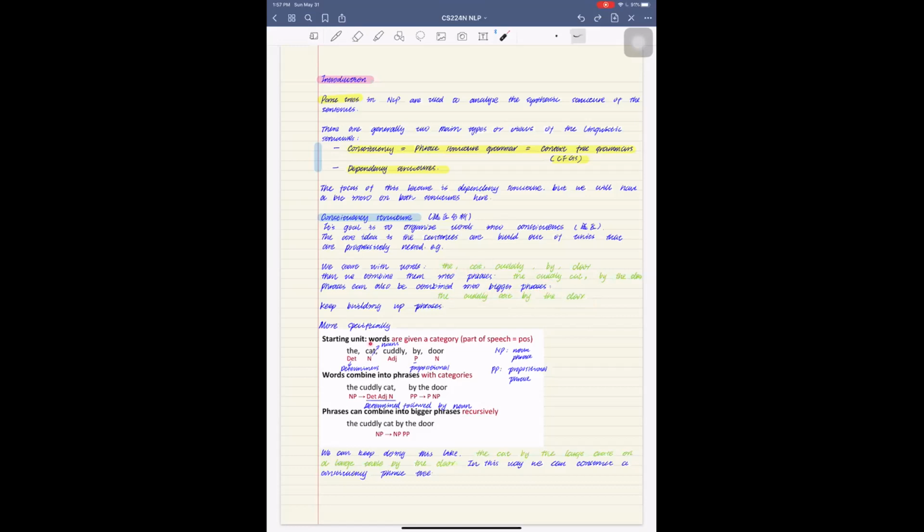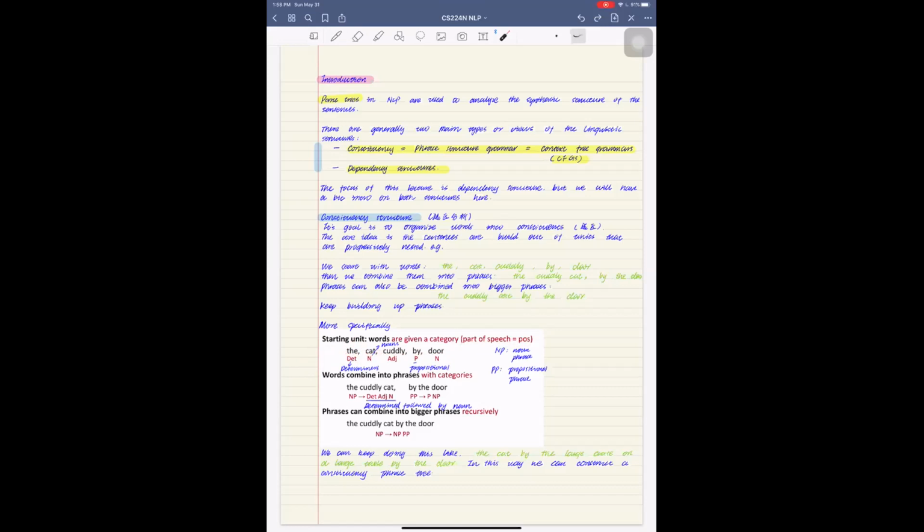Specifically, we start from the words. Each word has its own role to play, which is called the part-of-speech tag. Suppose we have the, cat, cuddly, by, door. The "the" here is a determiner. This is one of the determiners we use every day: a, the, and so on.